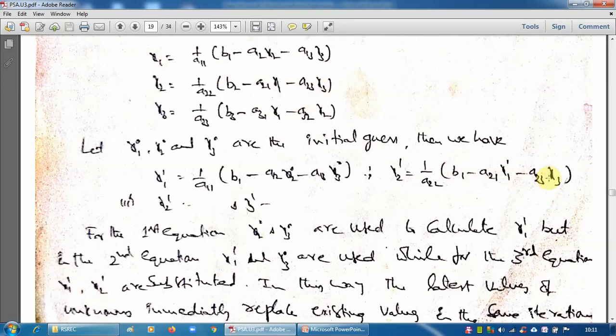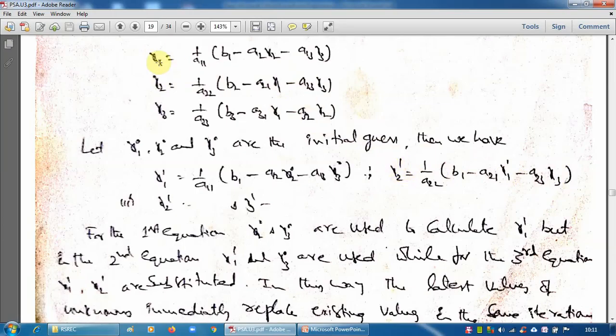And for x3, substitute x3 0, the initial value. Substitute this and this, calculate the next, second variable x2, and designate this as x2 1, the fresh value.